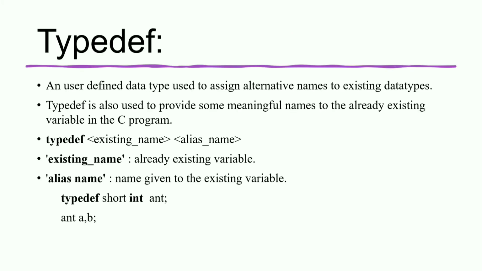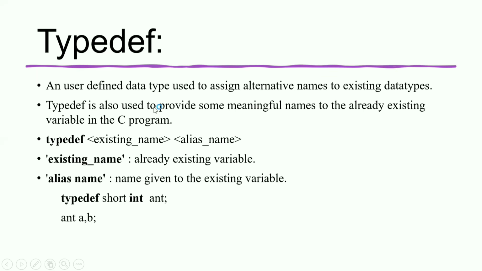The final user defined data type is typedef. Generally, typedef is used to assign alternative names to existing data types. For example, we have integer data type, right? We can assign an alternative name or alias name to the integer variable using typedef, meaningful names to already existing variables in C program.